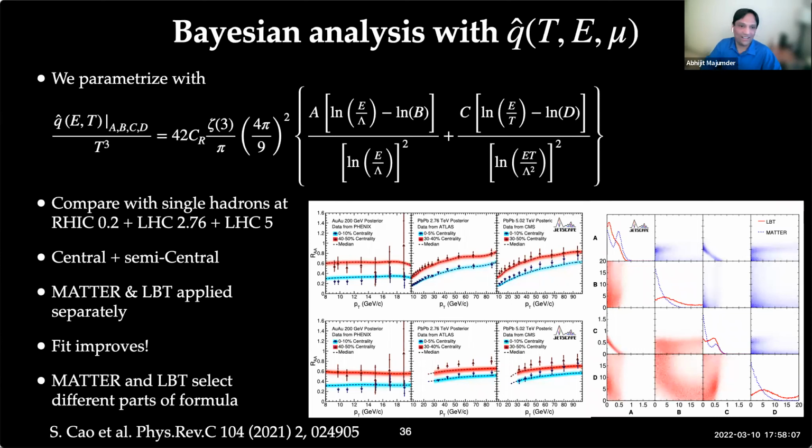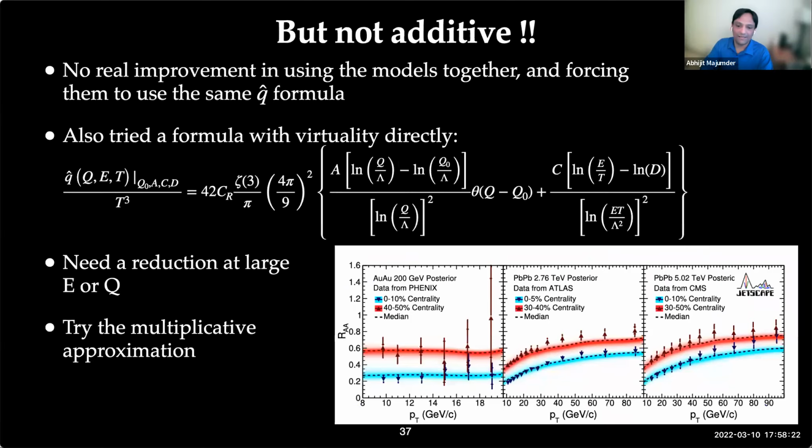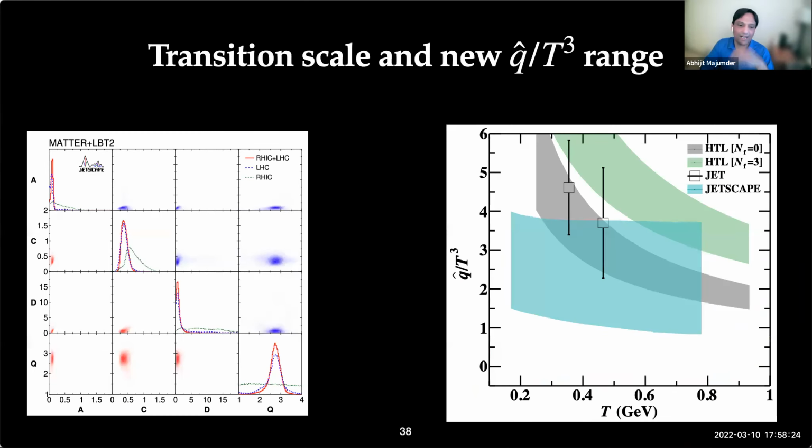I'm looking at the clock and I see I'm running out of time, so I'm going to skip these 2 slides on how we do correlations between different parts of Q hat. Let me just go back to where we are right now.